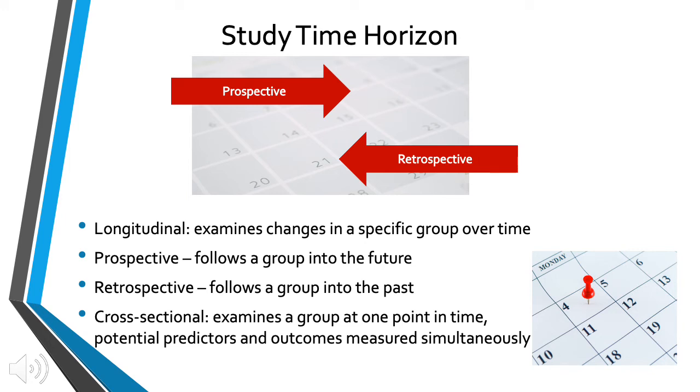This design examines associations among the variables, but because it measures predictors and outcomes simultaneously, it cannot determine causality. This design is often used for surveys of large populations to determine prevalence of a problem. Our census is an example of a cross-sectional study.